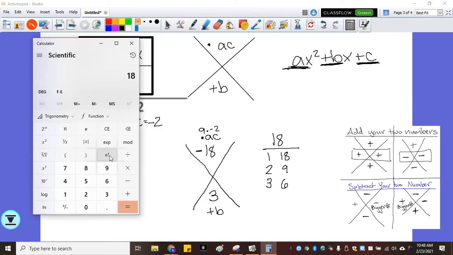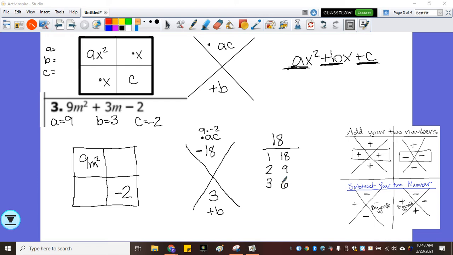If I do 4, I get a decimal, so that doesn't work. 5, decimal. And then the next number I'm checking is 6. So this is my whole list of factors of 18. These are the only numbers that will multiply and get me 18.